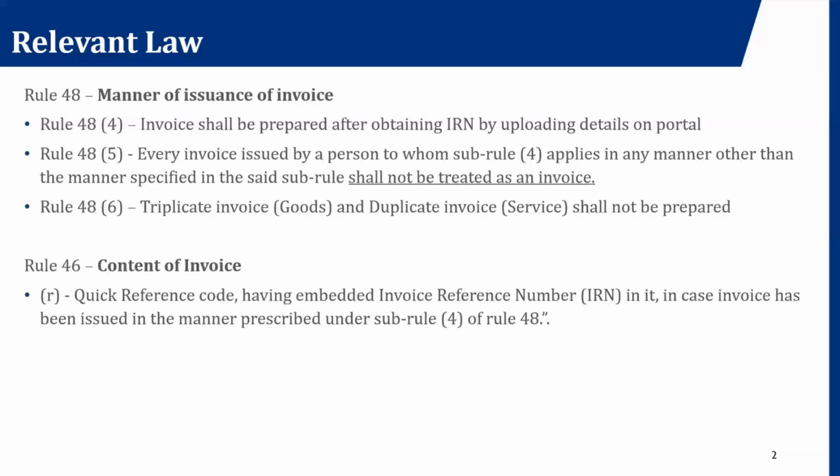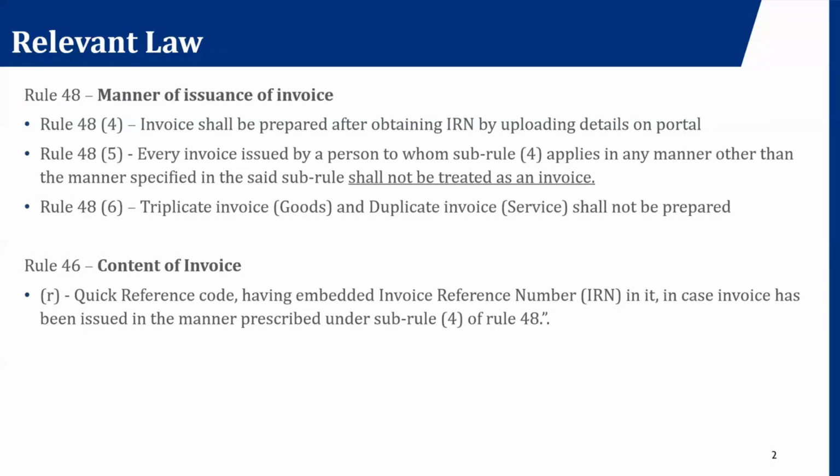So if a supplier who is mandatorily required to generate an e-invoice does not generate it for us as a recipient, then we will not be able to take the credit because it is not an invoice. Rule 48(5) specifically says that it will not be treated as an invoice.